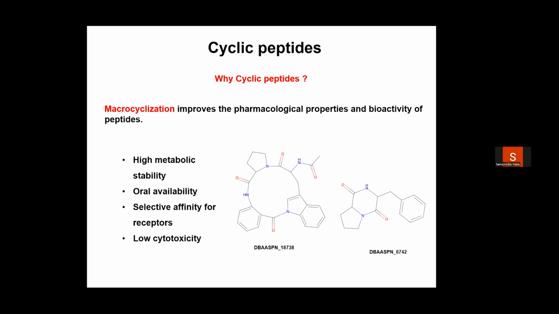Cyclic peptides formed by macrocyclization have some advantages such as high metabolic stability, oral availability, selective affinity, and low cytotoxicity. Here are presented several AMPs from our database, which I will talk about on the next slide.